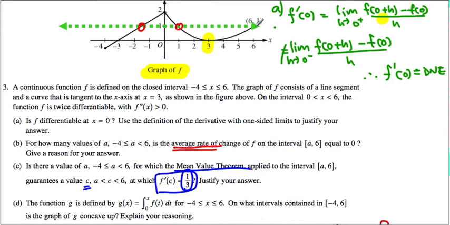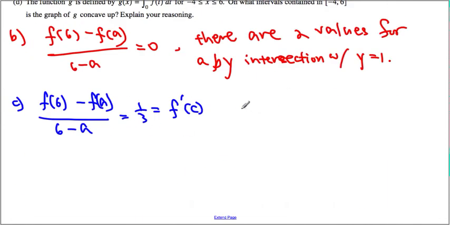Now, since f of 6 is already 1, to have the slope of 1/3, the change of y has to be equal to 1. In fact, that happens when x equals 3. So when A is equal to 3, the mean value theorem is satisfied.